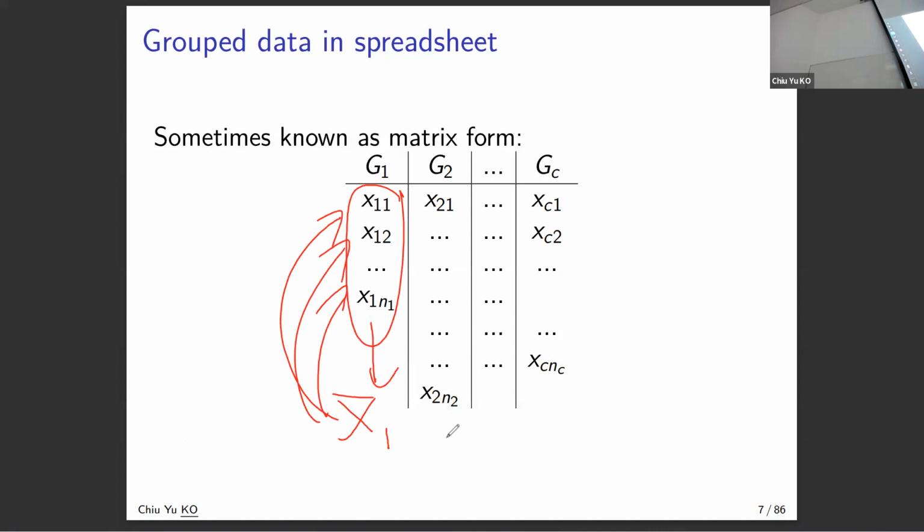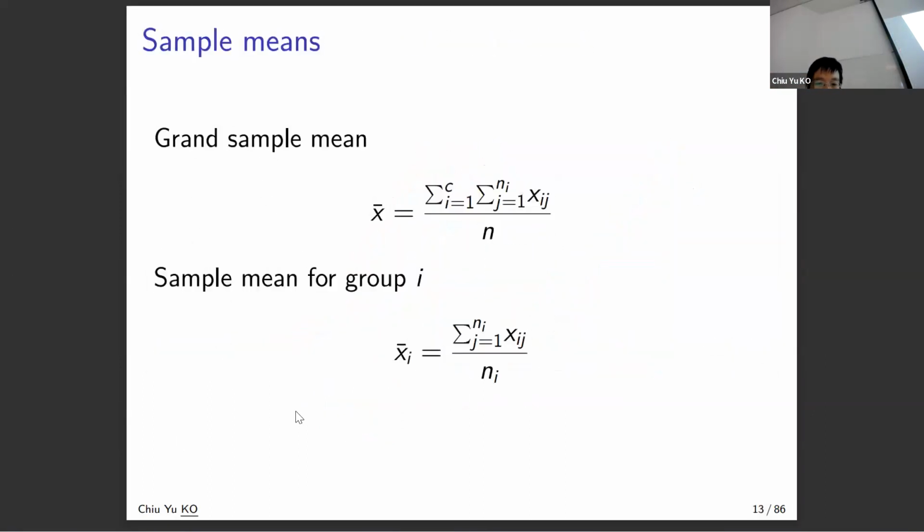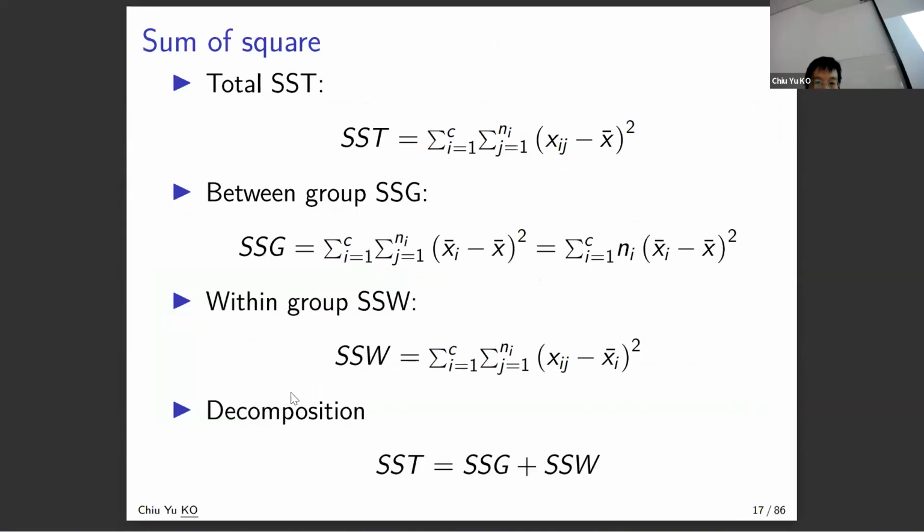If I calculate the variance of this whole thing, what I get is the difference between groups. That's why we call it the between group sum of squares, SSG. Some books will say SSB, so it depends on the book you are reading.